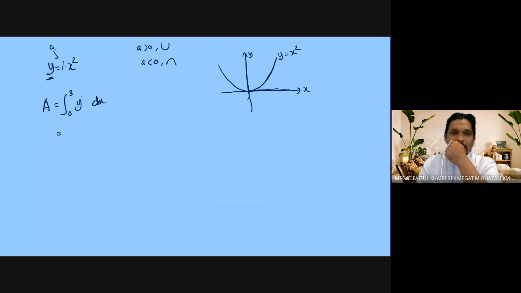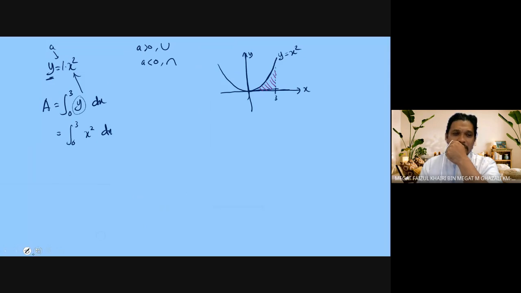In this question, y equal to x squared from 0 until 3. So we write down the integral of x squared dx from 0 until 3. Now, this is the area that we are talking about.